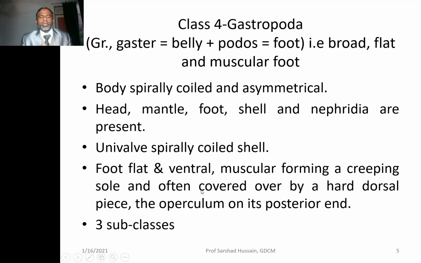Sometimes they have a lid-like structure which covers the foot, and when the animal wants to creep on the ground, the lid or operculum is taken to the side, and the foot is extended outside. It has three subclasses.